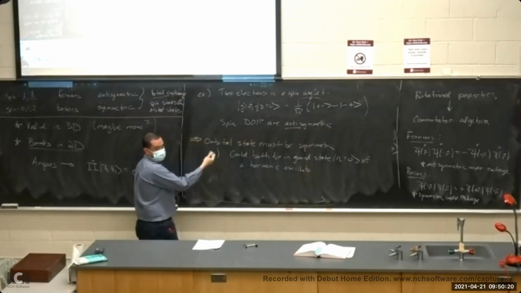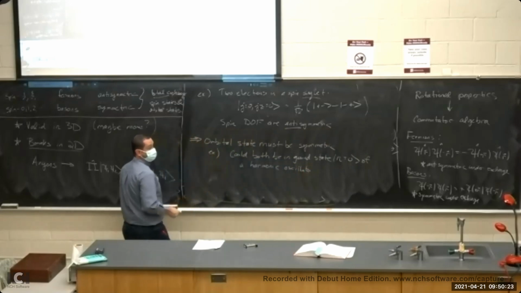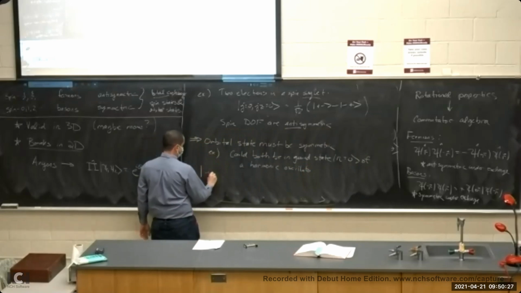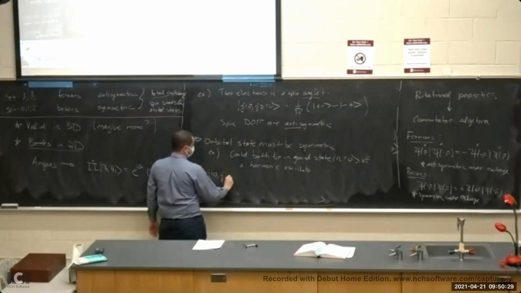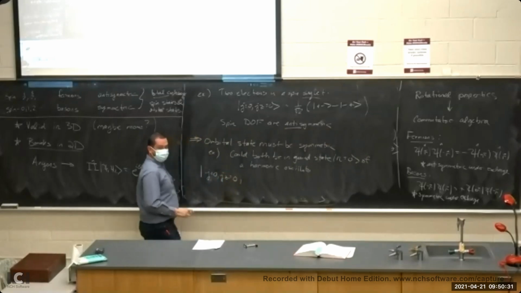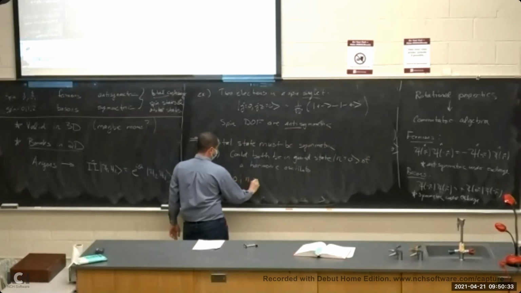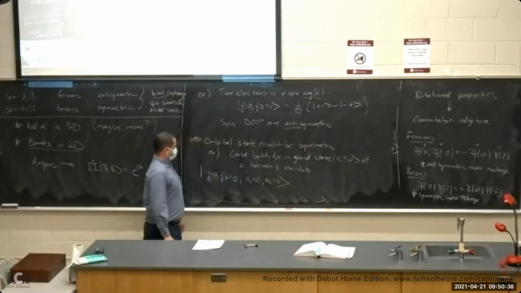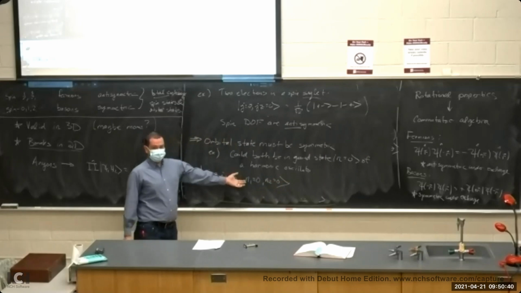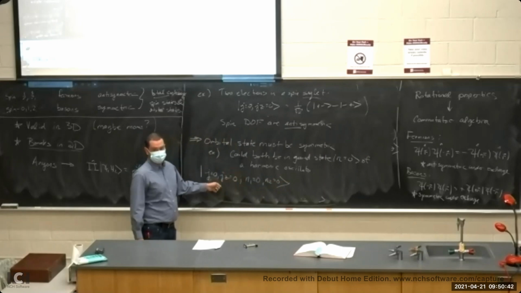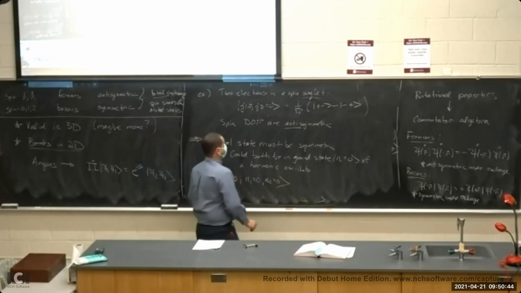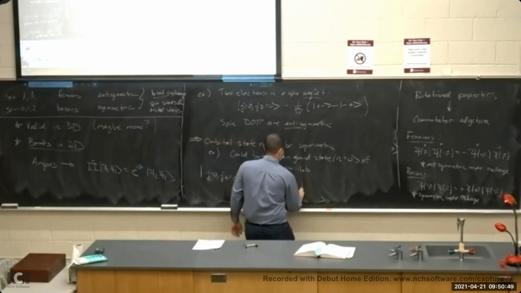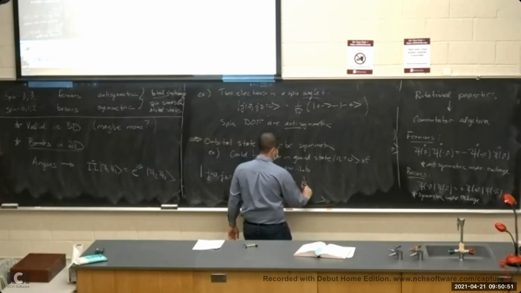So a valid state for two electrons that satisfies their antisymmetry requirement would be something like a spin singlet state, J equals 0, JZ equals 0, and an orbital state, let's say n1 equals 0 and n2 equals 0. It doesn't necessarily look like this thing is antisymmetric when written this way in terms of total J. But if I write this out in terms of the individual spin states, this is 1 over root 2.